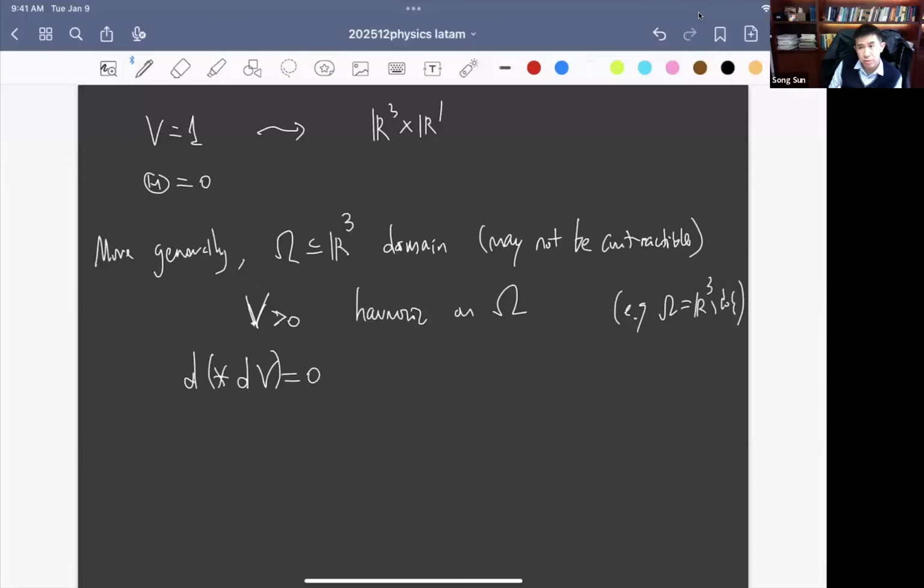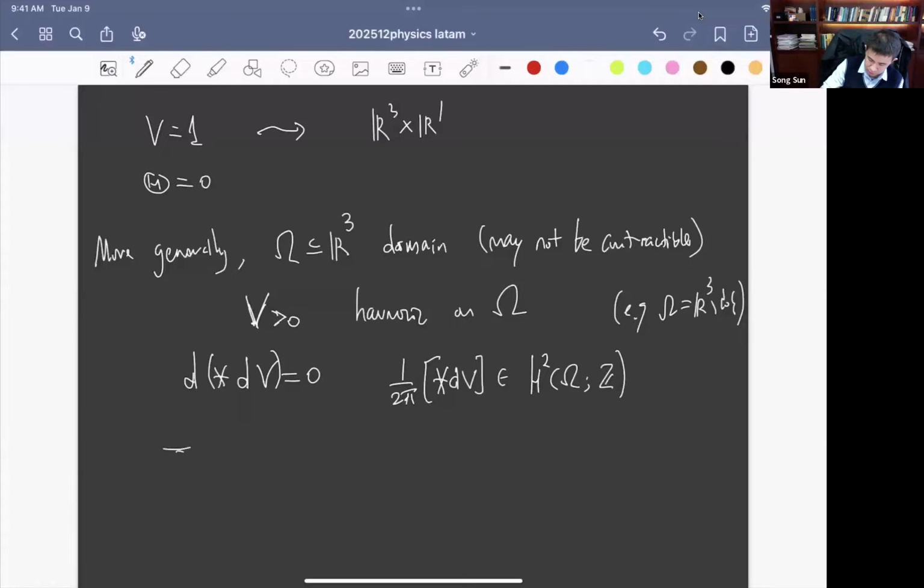However, this is what electromagnetism or U1 gauge theory is about, right? If you have a closed two form, and 2 pi times it defines an integral cohomology class, then locally you can write it as d of a one form, and globally you can realize it as the curvature form of a U1 connection.